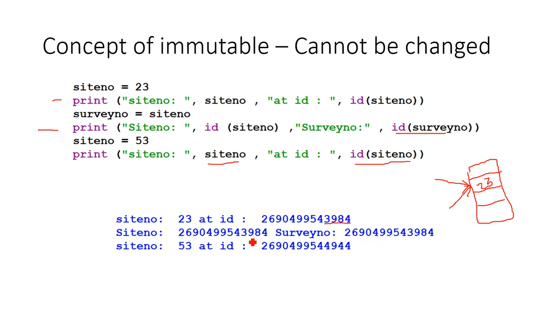Being a reference, the site number is stored at the same location, and the survey number also points to the same location in memory.